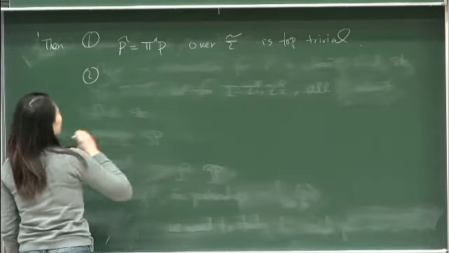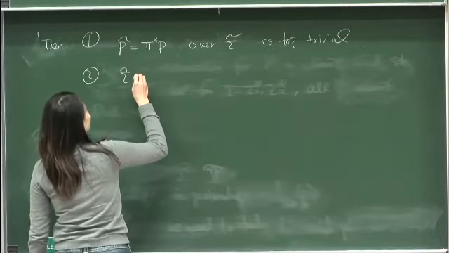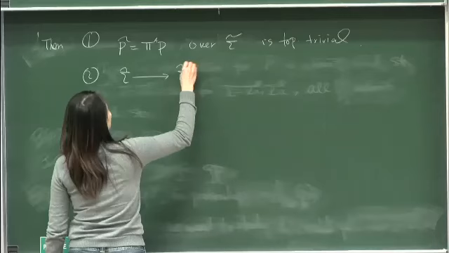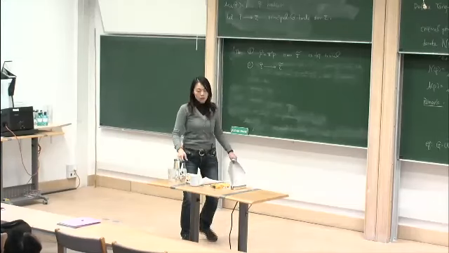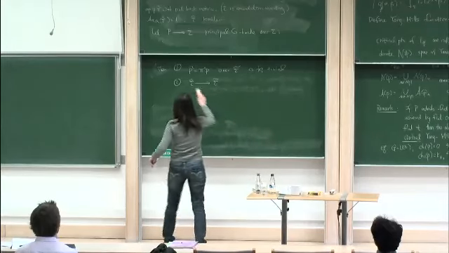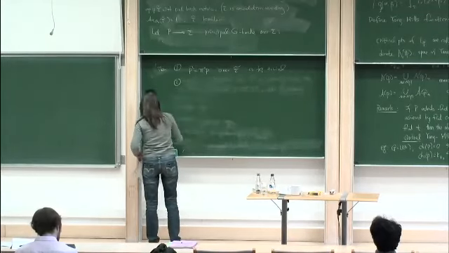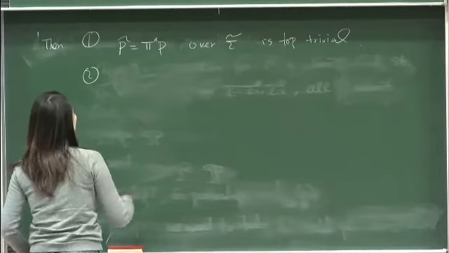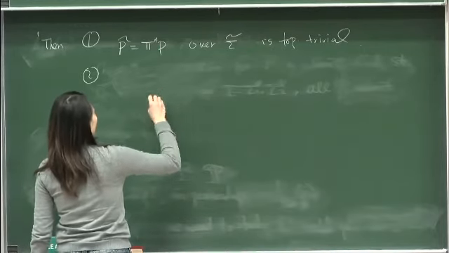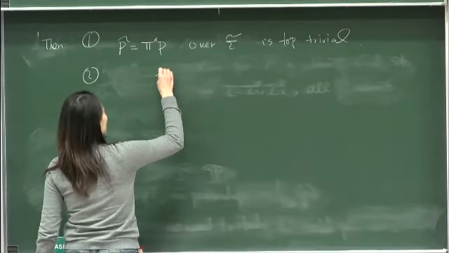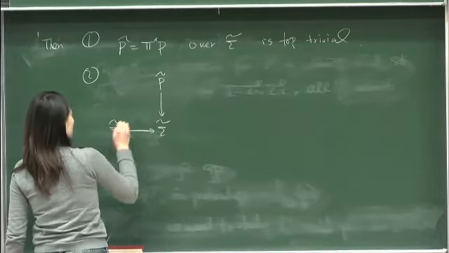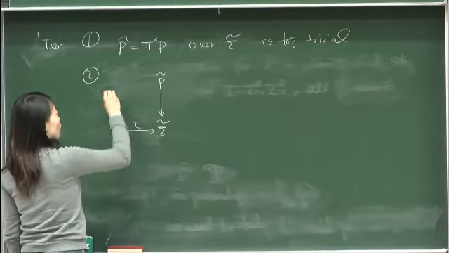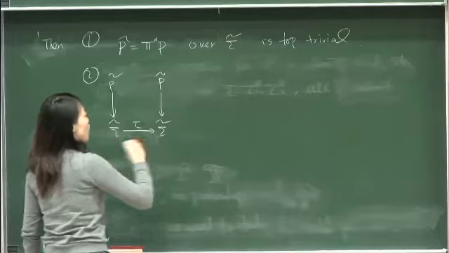And then secondly, oh sorry, I should write it a little lower. Secondly, you have this relation. P tilde over sigma tilde. So this is the tau, and you have the pullback bundle.